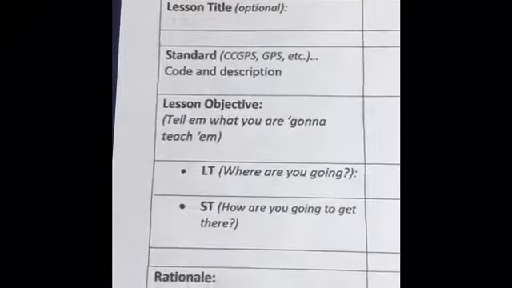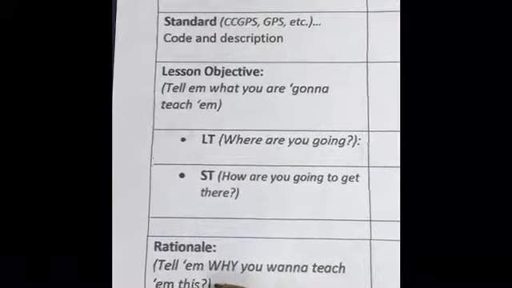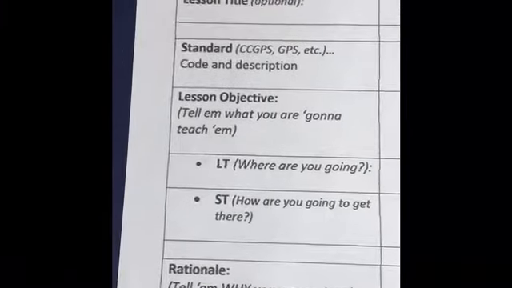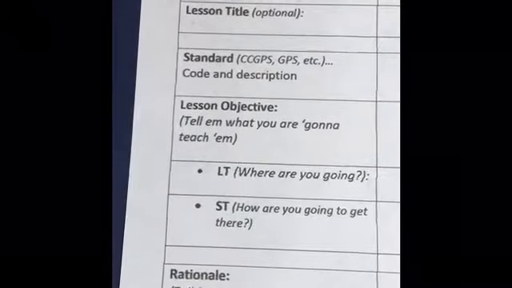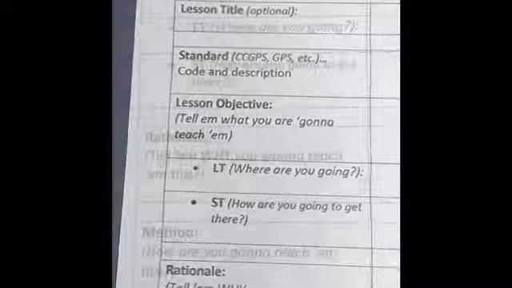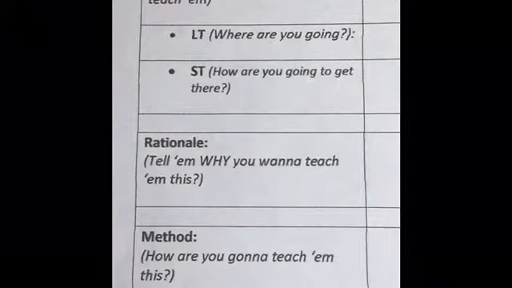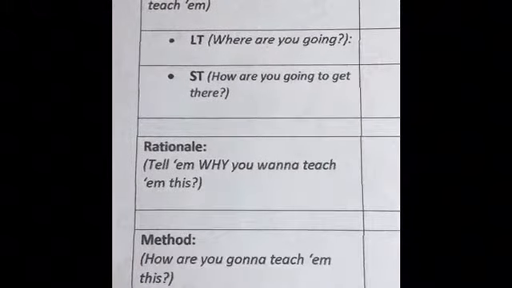All right, and then the next thing I always like to do is give one sentence of why this lesson is relevant for the kids. Think about it. If someone just stood in front of you and started talking, you would not be paying attention.